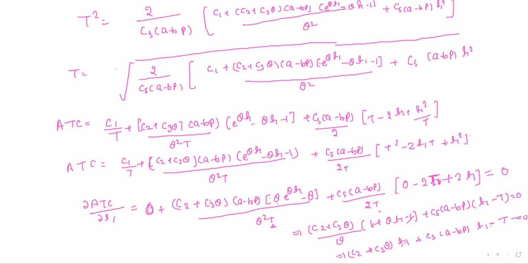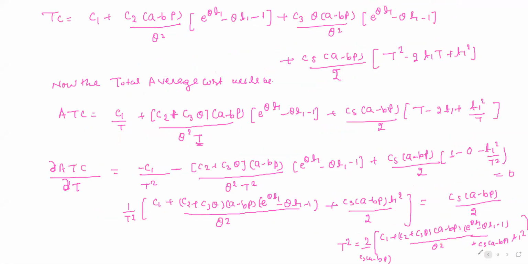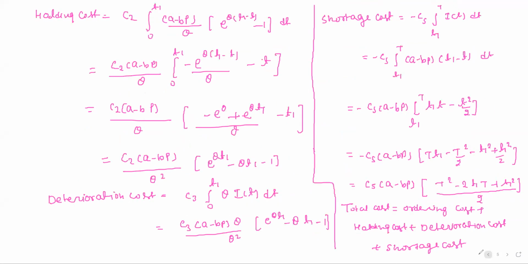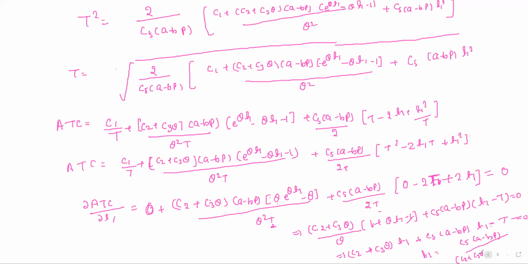Okay, now we can take T1 as common. From this we get T1 equals Cs (A minus BP) upon C2 plus C3 theta. We can write it here.